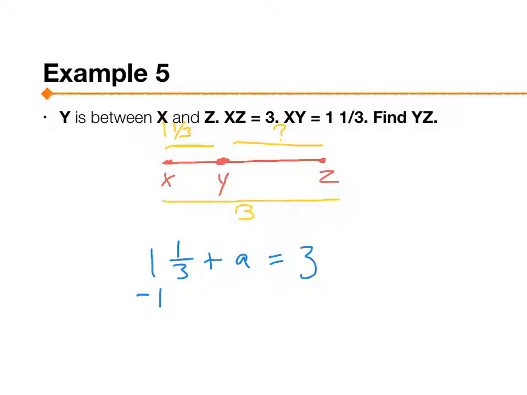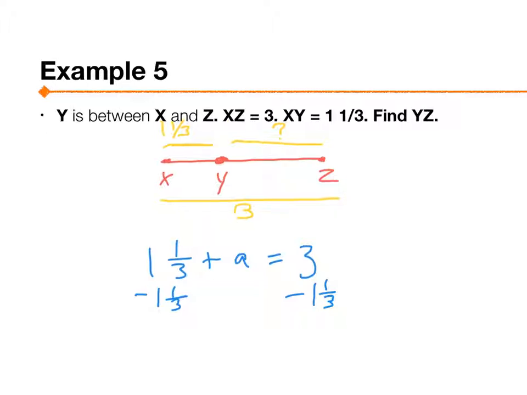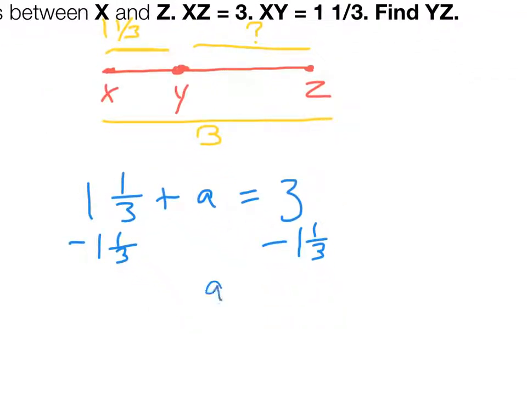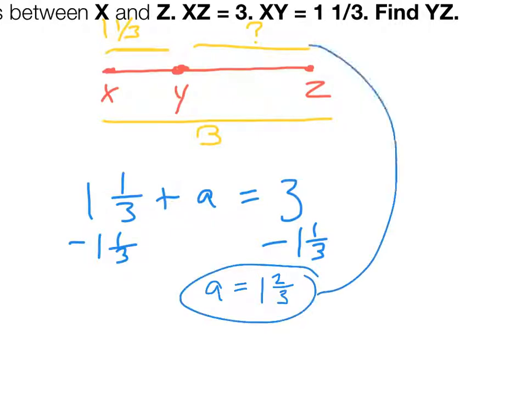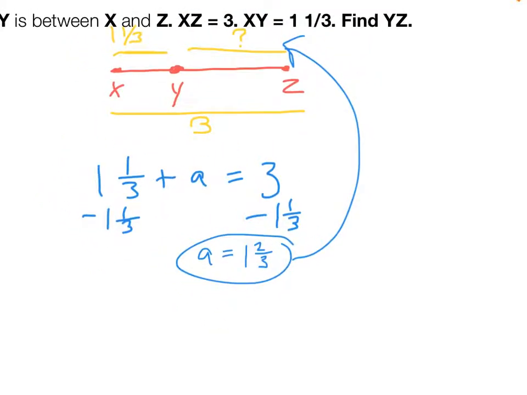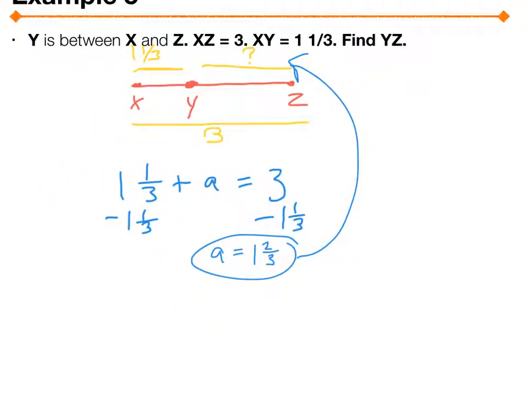So we can subtract 1/3 minus 1/3, which would give us a is equal to 2 2/3. So we know we put a in for this question mark. So this refers to this, but we're looking for yz. So we can put yz is equal to 2 2/3.